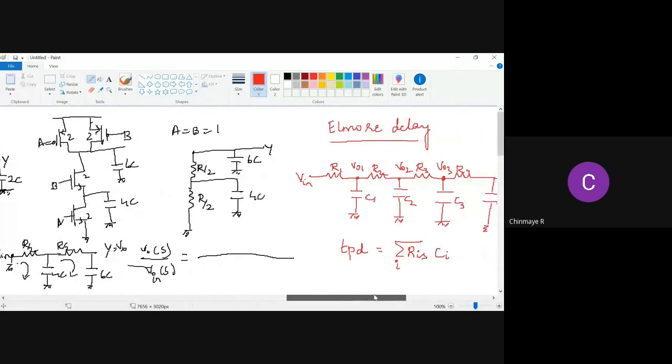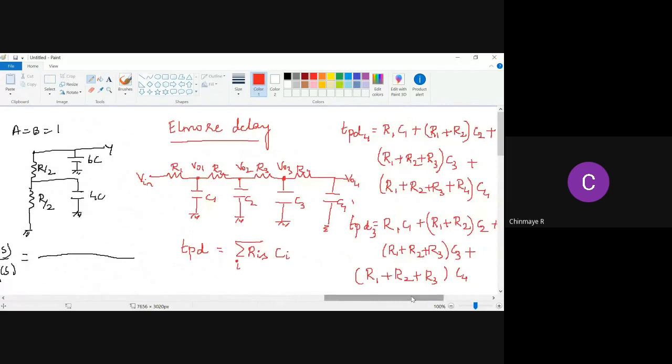So therefore we are about to study another delay model, which is called the Elmore delay model. So using this, we calculate the propagation delay. Okay, so the formula to calculate the propagation delay here is the sum of Ris into Ci, which means here all the capacitors in the circuit contribute to the delay, but as far as the resistors are concerned, only the resistors that come in the path of input to the output contribute to the delay.